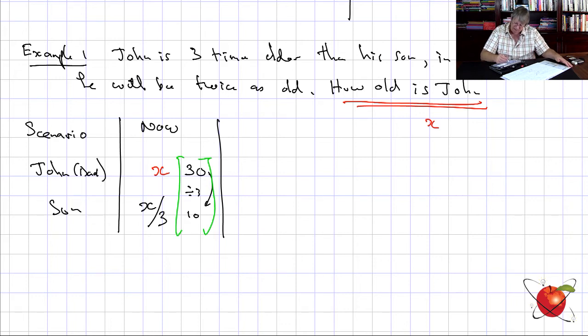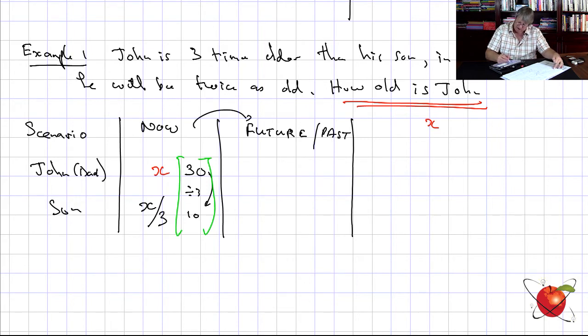The next step is we put in future or past. What do I mean? They tell you in all of these sums, in 12 years, from now to the future is plus 12. So how old is the dad in 12 years? If he's 30 now, he's going to be 42, which means we've added 12. X plus 12.